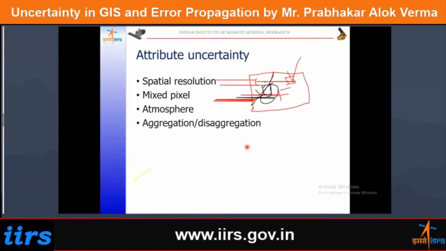Then uncertainty can be there because of aggregation and disaggregation of the data.